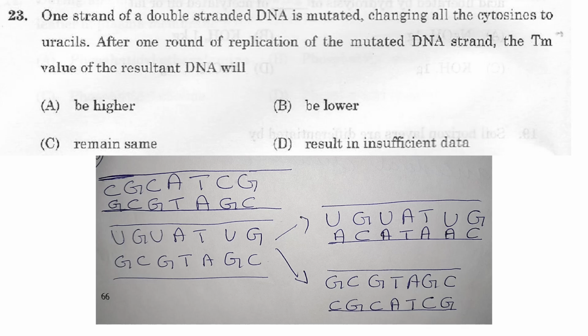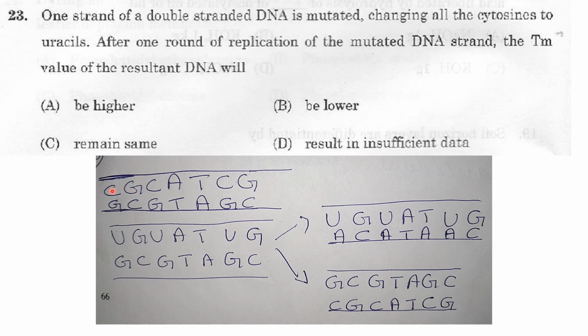Then next one. One strand of double-stranded DNA is mutated, changing all the cytosines to uracils. After one round of replication of the mutated DNA strand, the Tm value of the resultant DNA will be. The Tm means melting temperature. So this is your hypothetical DNA strand.